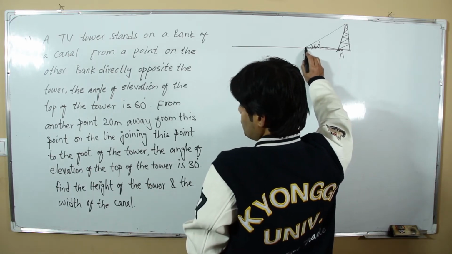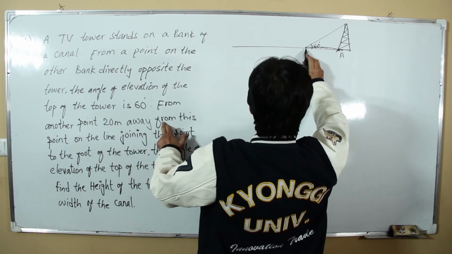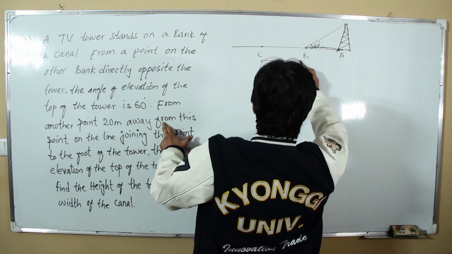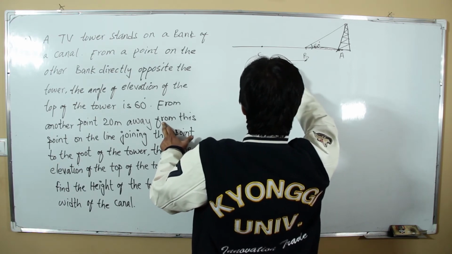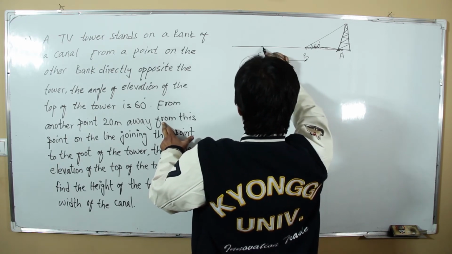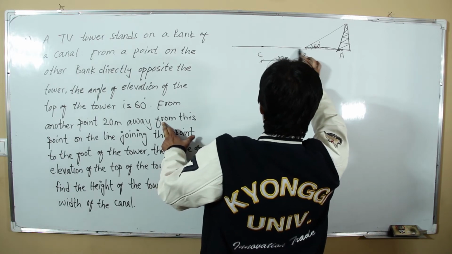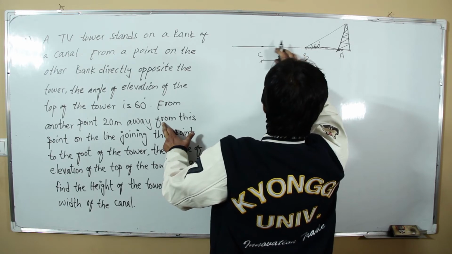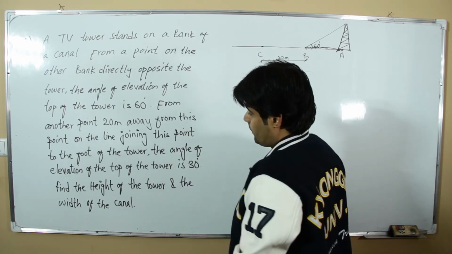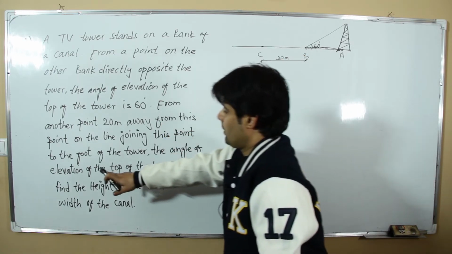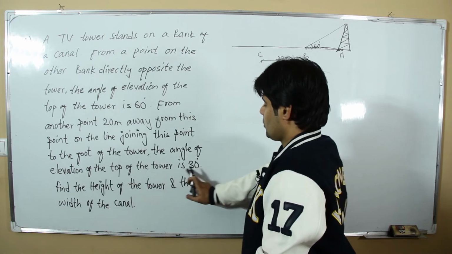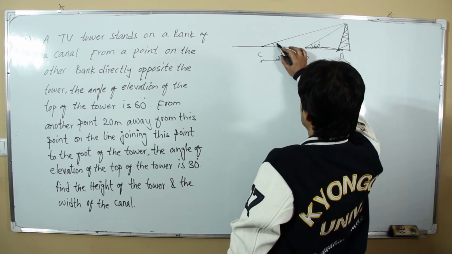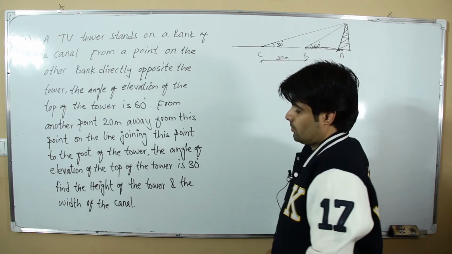From another point 20 meters away here, which is C. This distance is 20 meters, and join this line to the foot of the tower. Am I right or not? Yes. The angle of elevation of the top of the tower is 30. Once again, this is the angle of elevation, which is 30 degrees.